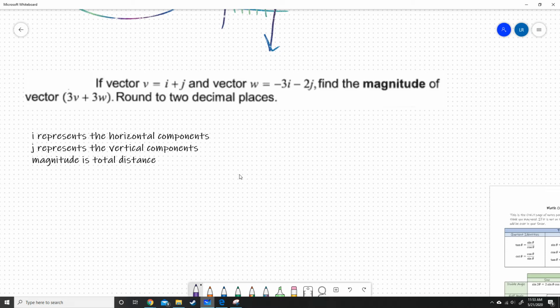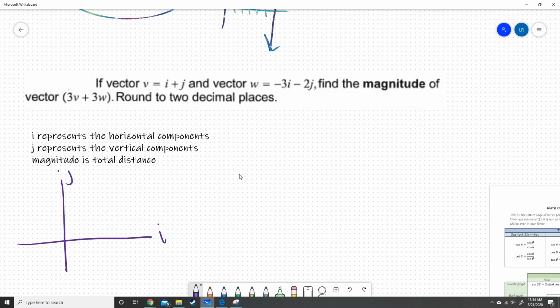So not even attacking this problem, I is going to be how far in the horizontal direction did we go? J is going to be how far in the vertical direction did we go? And then the magnitude of that is just doing the Pythagorean theorem. There are a couple of cool notations here.